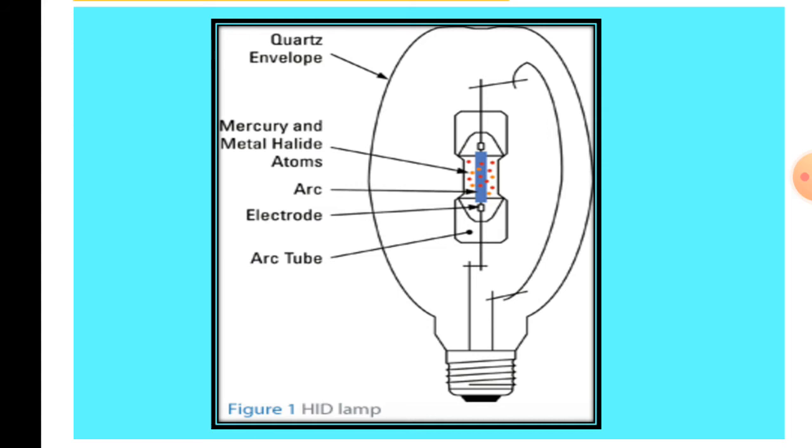The lamp requires high starting voltage, so it is provided by the igniter which is connected in series with the ballast.